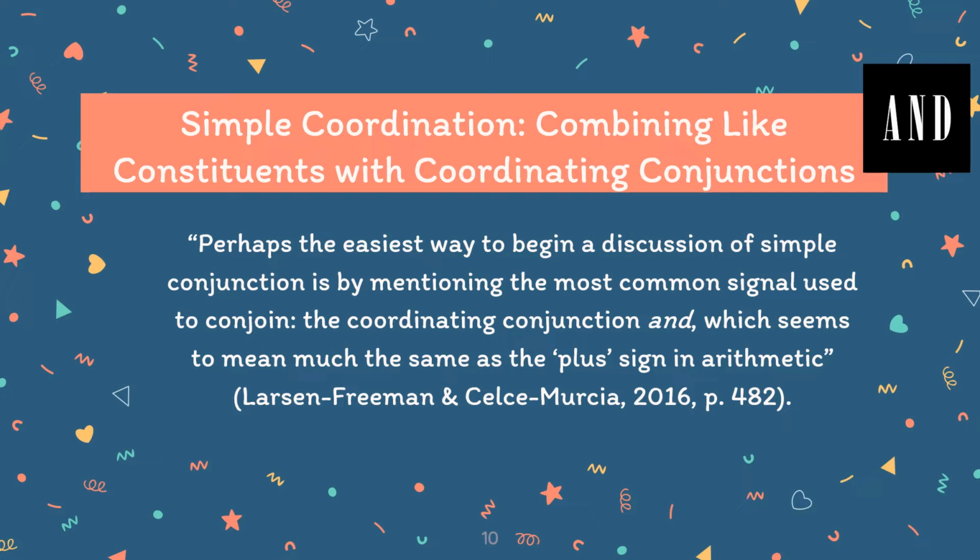Perhaps the easiest way to begin a discussion of simple conjunction is by mentioning the most common signal used to conjoin, the coordinating conjunction and, which seems to mean much the same as the plus sign in arithmetic. So in the textbook, it often will show the plus sign in relation to the word and to show that that's what the word and mostly does.